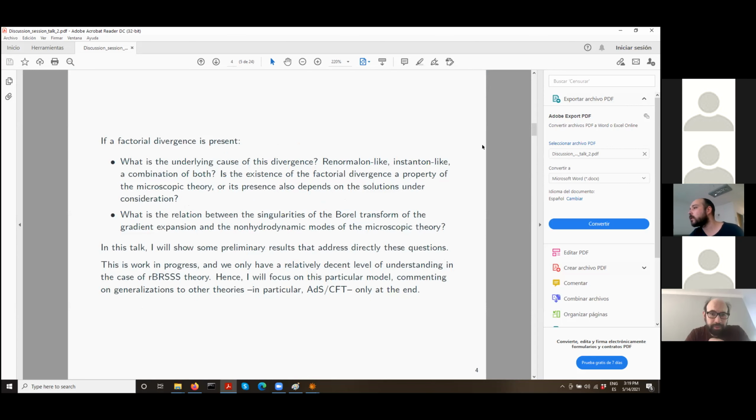Can you clarify a little bit what exactly you mean by renormalon-like and instanton-like? Yeah, so I have an extremely limited understanding of this topic, but my understanding is that in perturbative quantum field theory, non-perturbative effects, which would correspond to instantons, would manifest themselves as a factorially growing number of Feynman diagrams contributing at each order, but the renormalon would be some individual diagrams growing factorially.